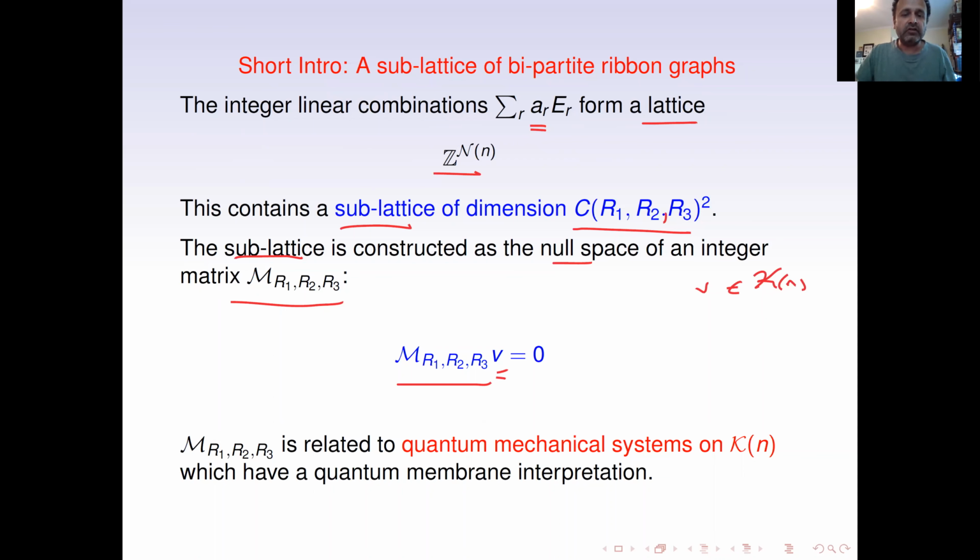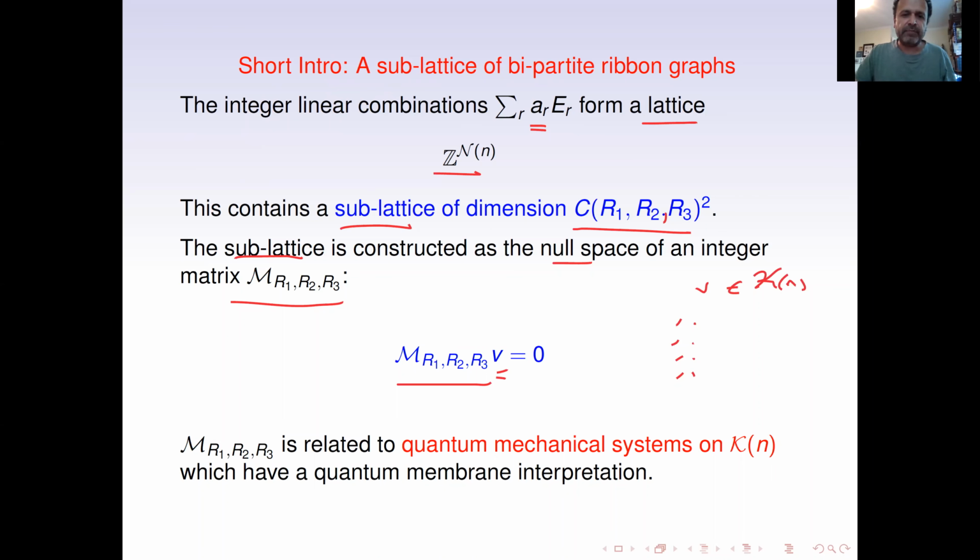And there are integer matrix algorithms for constructing a basis of such vectors which obey this null vector condition. So therefore, in order to count C squared, you just count the number of these distinct basis vectors and you get a set of things, the number of which is equal to C squared.